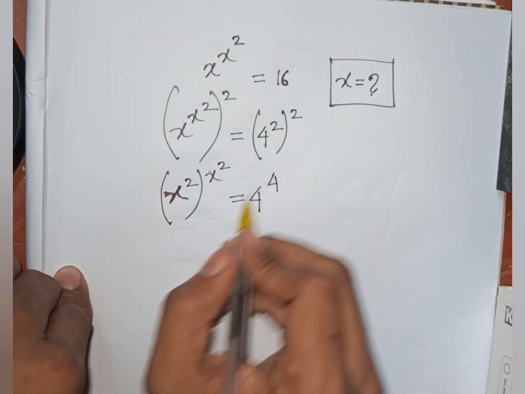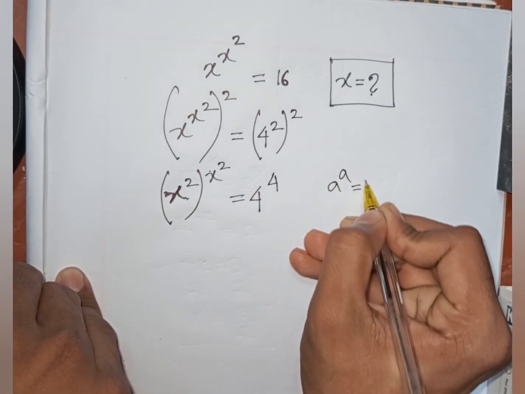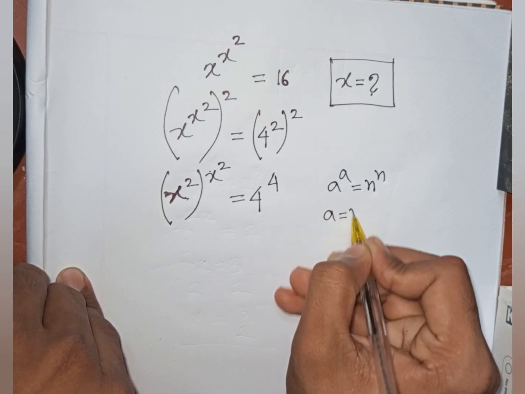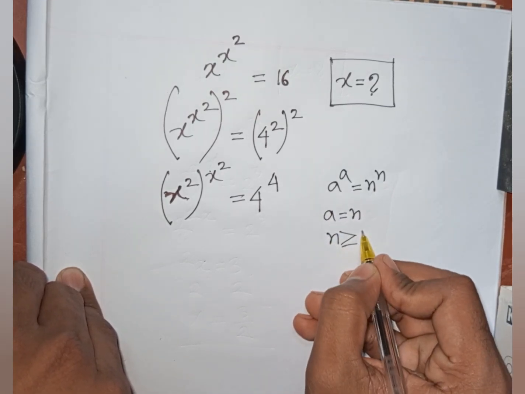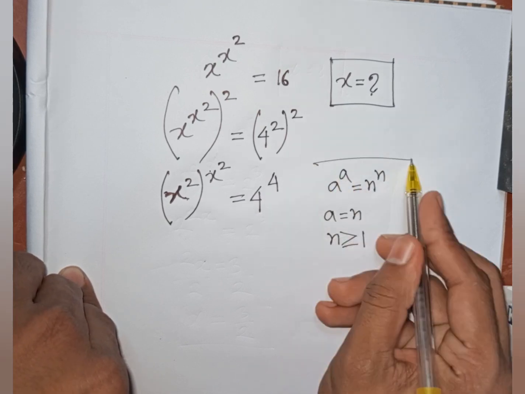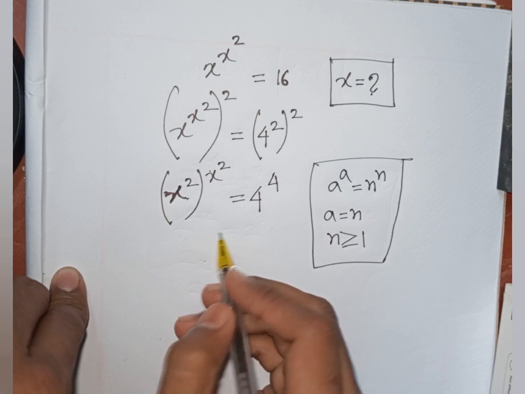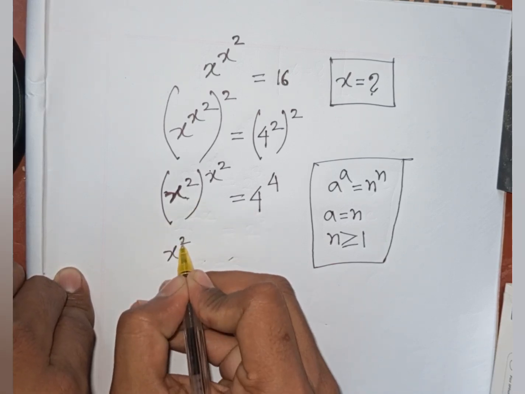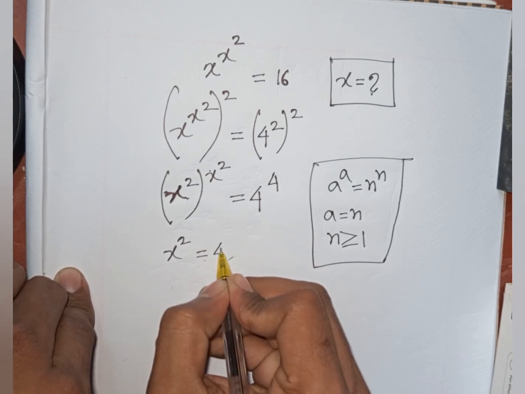Now, here you can apply the rule that if a^a is equal to n^n, then a will be equal to n, where n is greater than or equal to 1. So according to this rule, I can compare here x^2 is equal to 4.